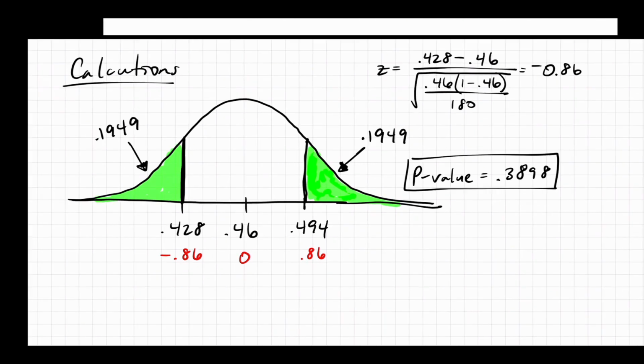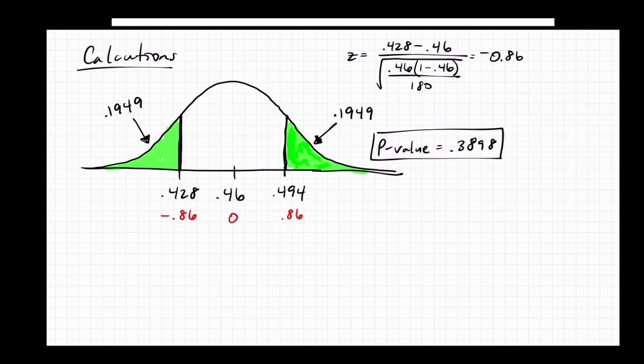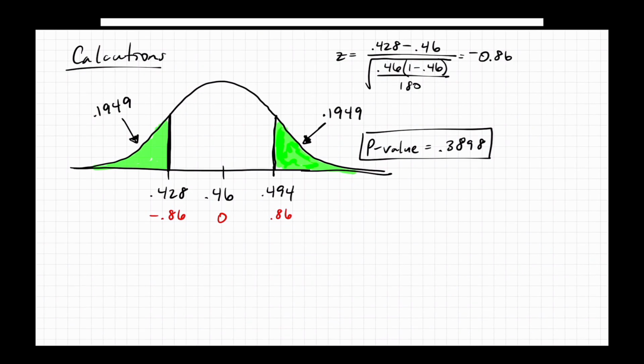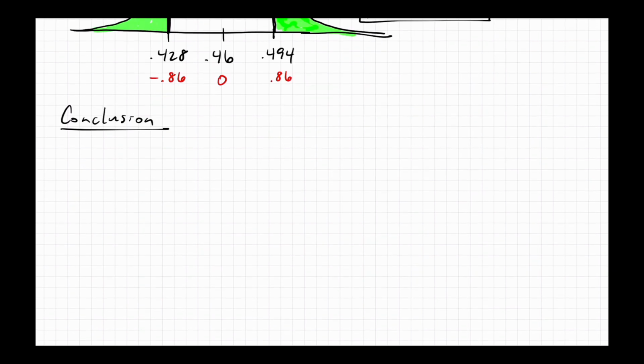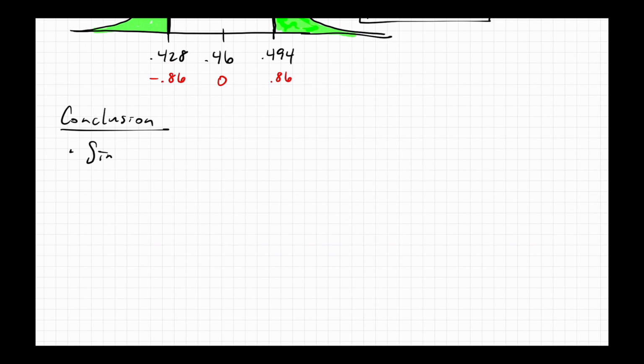Okay, so that's calculations. Conclusion. I put the sentence frame on the board. It's also in your notes. Our conclusion, 3 things we have to show. Since the p-value, our p-value in this case was 3.898, is less than or greater than?